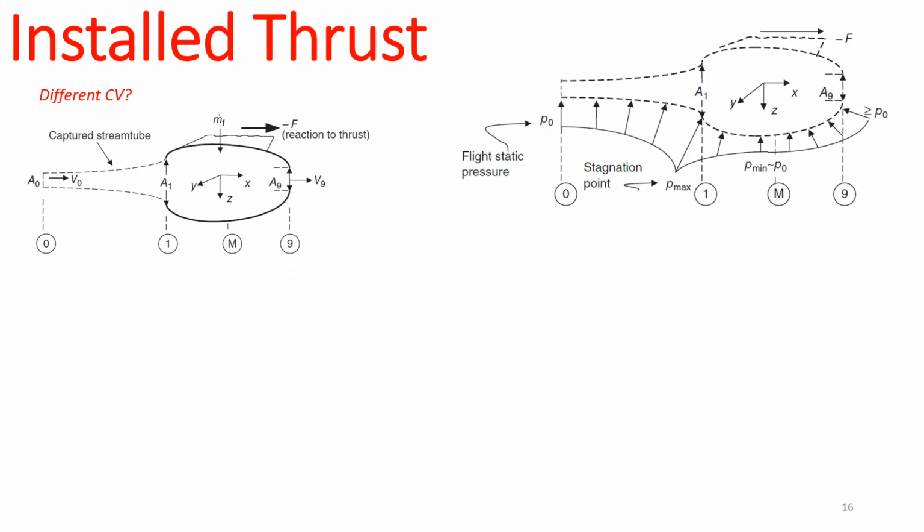Then at this point of the inlet, I'm talking about these two points, you essentially are going to have a stagnation point, right? And the main characteristic of a stagnation point is that you are going to experience your maximum pressure. Does this make sense?